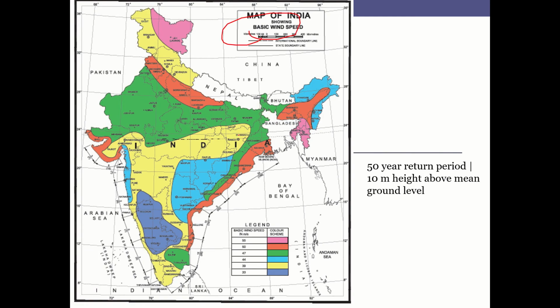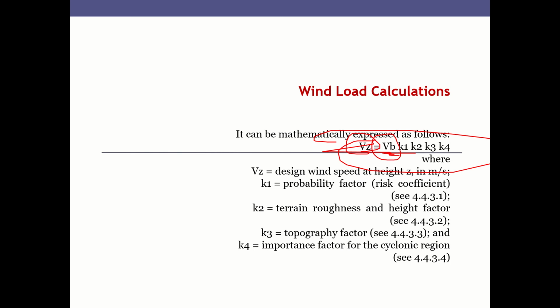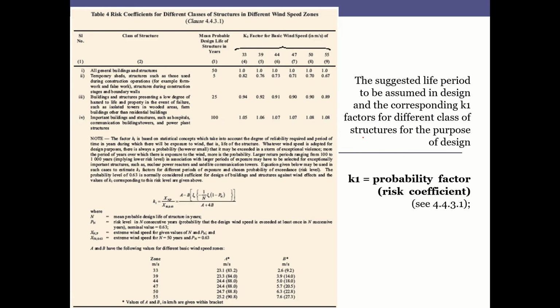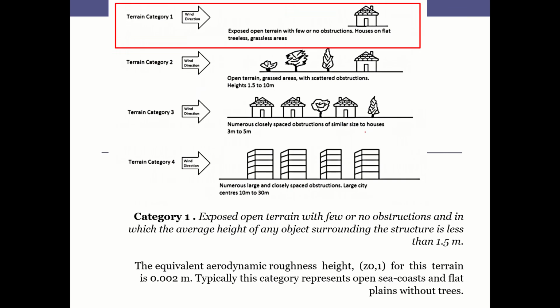The basic wind speed of India is one of the parameters used, along with other variable factors, not constant, that's a wrong use of the word. There are different parameters that influence it, and each one has its own conditions. How it is selected we saw last time.